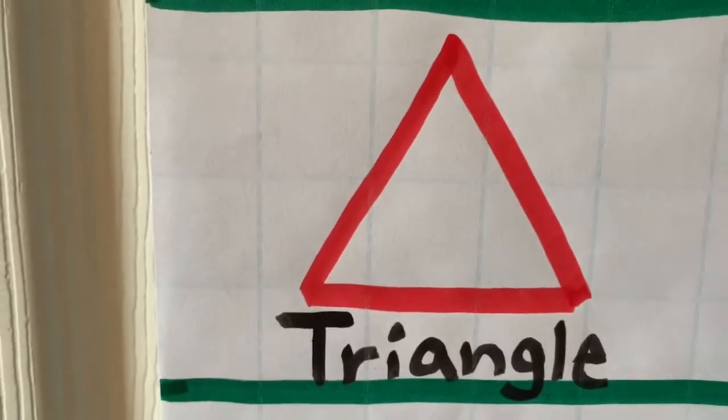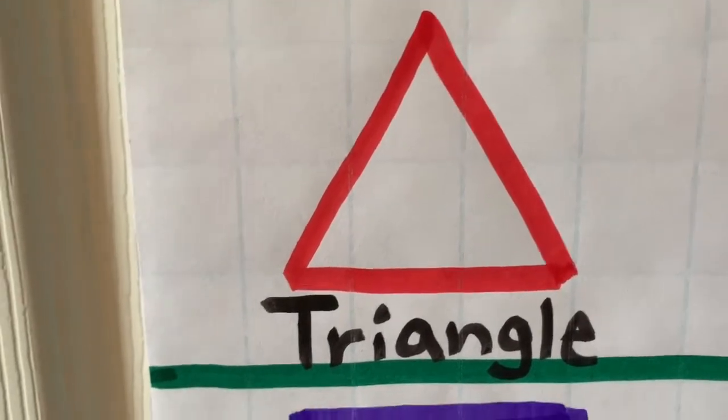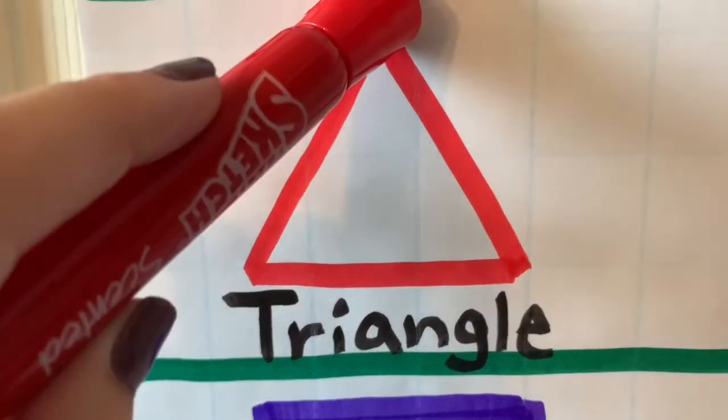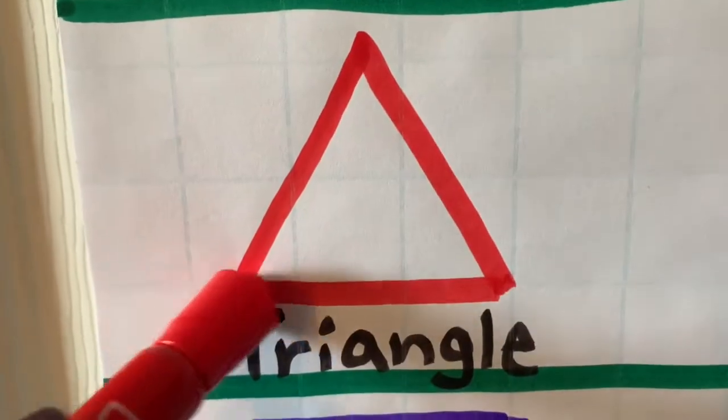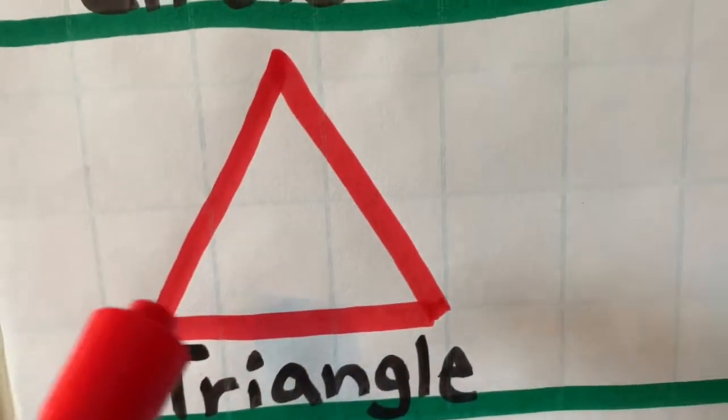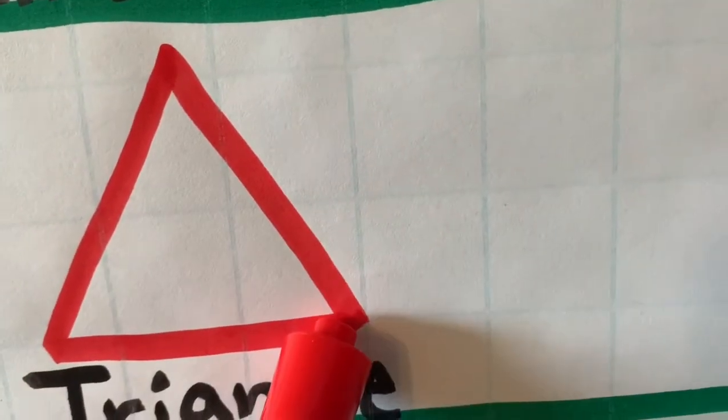And now vertices. Vertices are the corners where the 2 lines meet. These 2 lines meet up here, then that, and then right there. So we have 1, 2, 3.